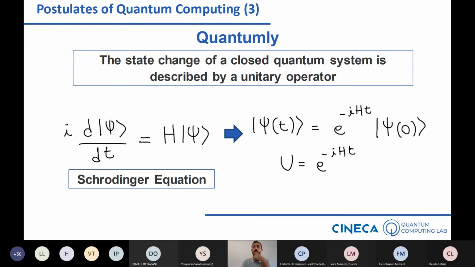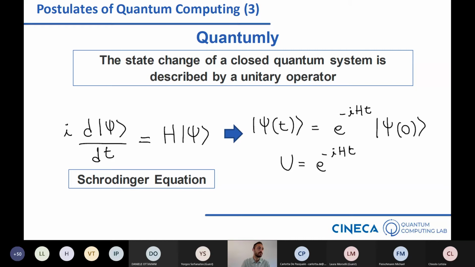Hermitian means that the operator is equal to its adjoint. And Hermitian operators have real eigenvalues.